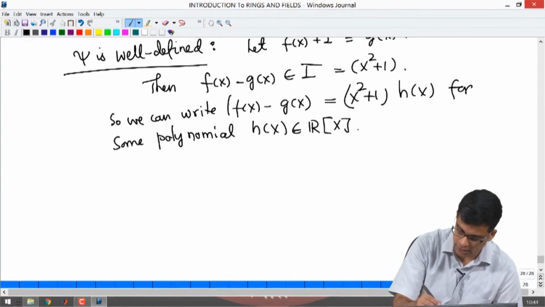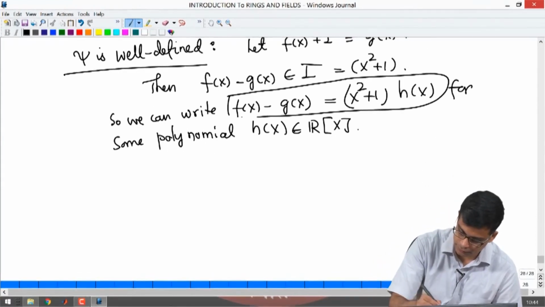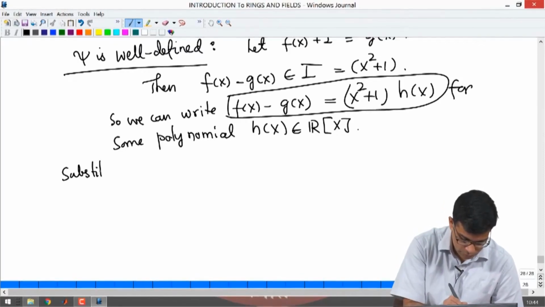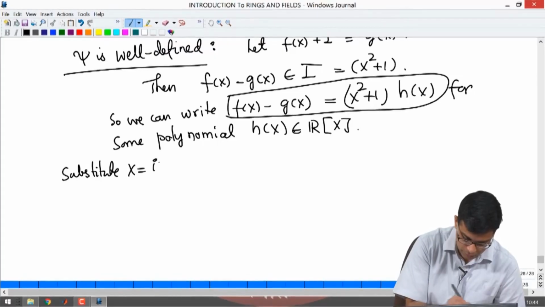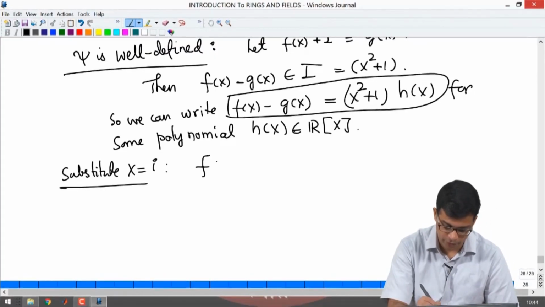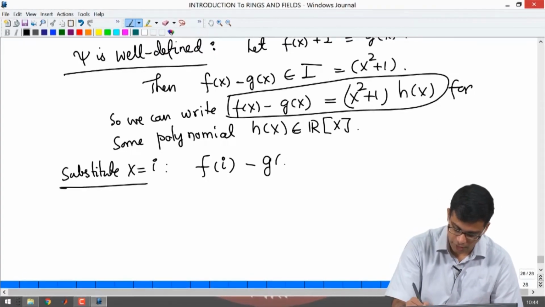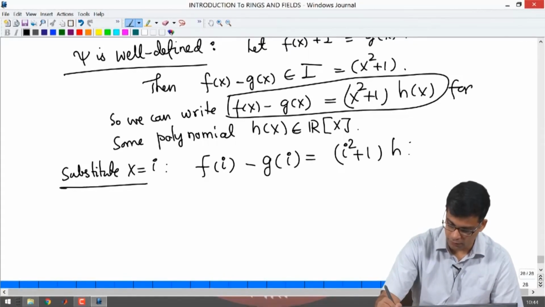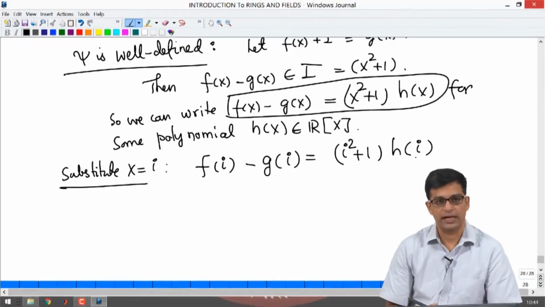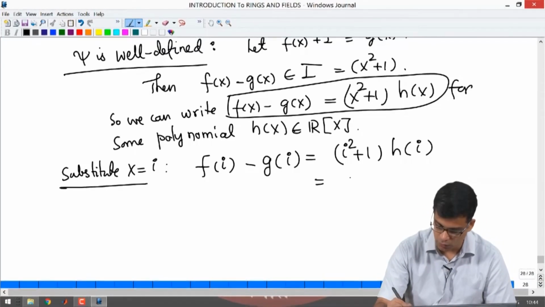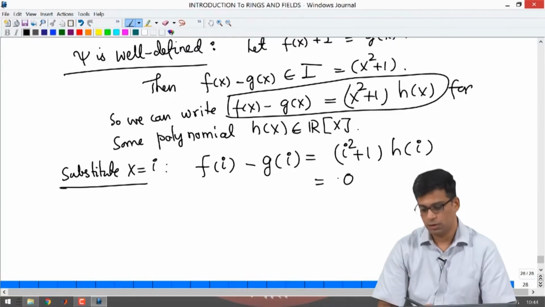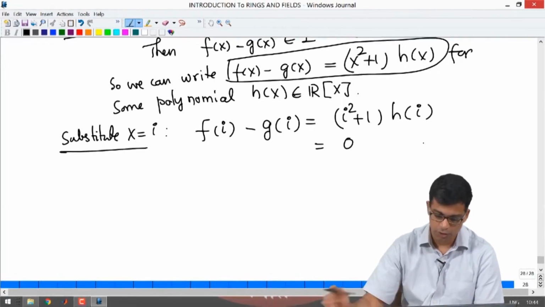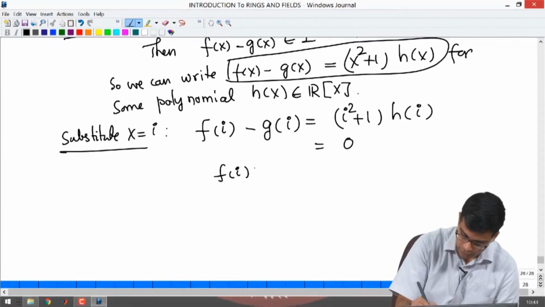Now, let us look at this equation here and substitute x equal to i. So, what do I get? I get f(i) minus g(i) is equal to (i squared plus 1) times h(i). But what is i squared plus 1? i squared is minus 1, so minus 1 plus 1 is 0. This is 0. It does not matter what h(i) is. So, f(i) minus g(i) is 0, so f(i) equals g(i).